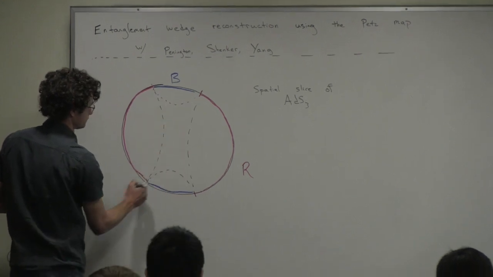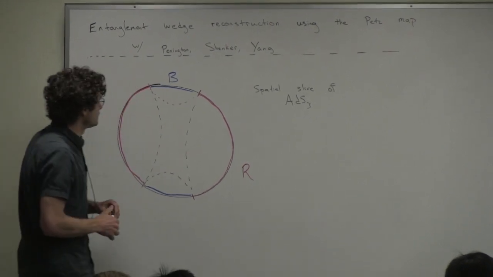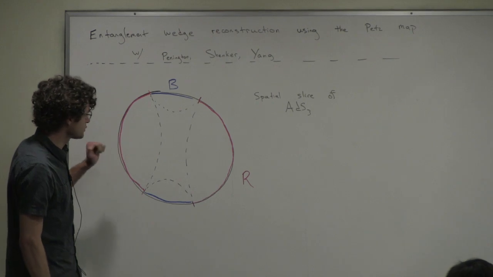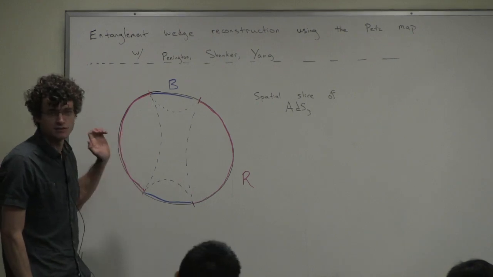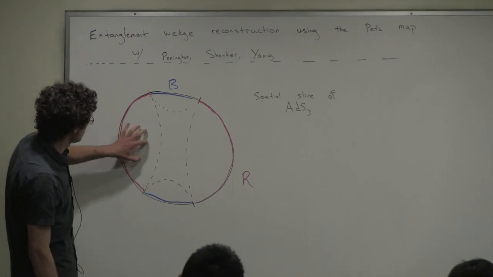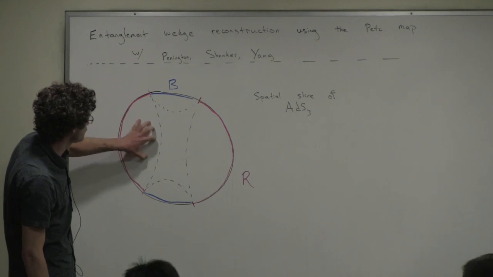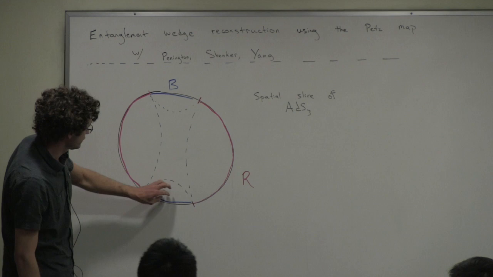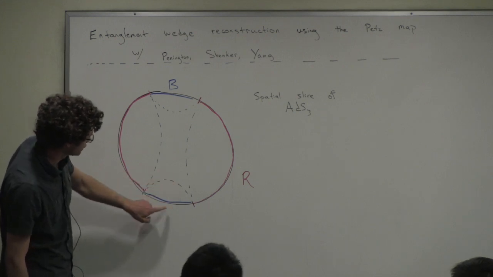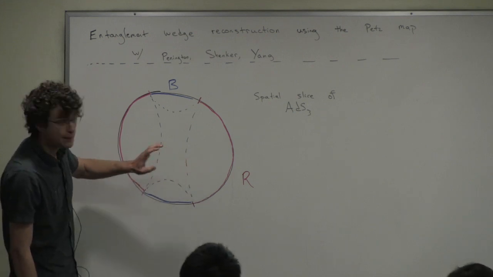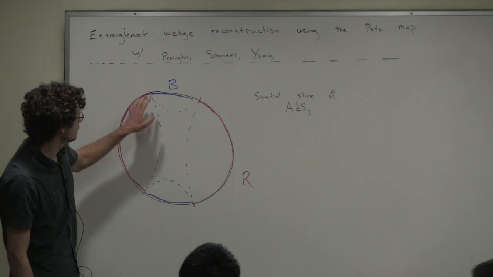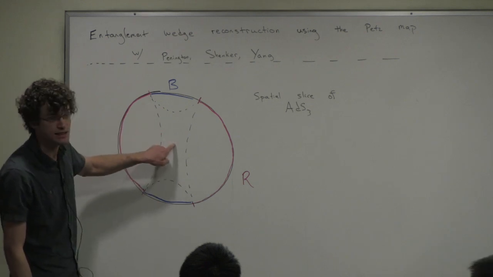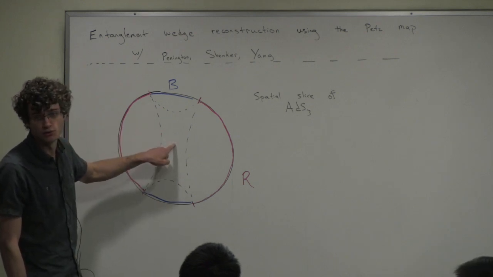Okay. And it's sort of obvious using the wave equation and simple bulk physics that operators inside this region, let's say, can be reconstructed using this red region. Operators inside this region can be reconstructed using the blue region, and so on. But from that perspective, it's not very obvious how to reconstruct operators in here using just red or blue regions.